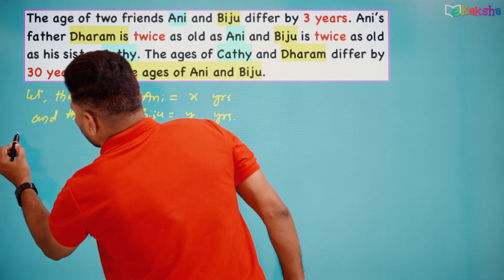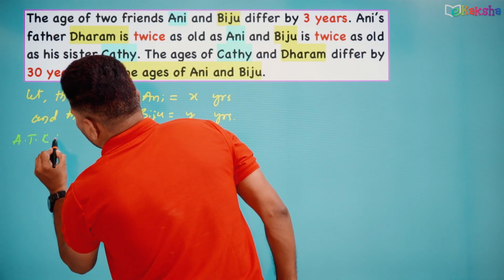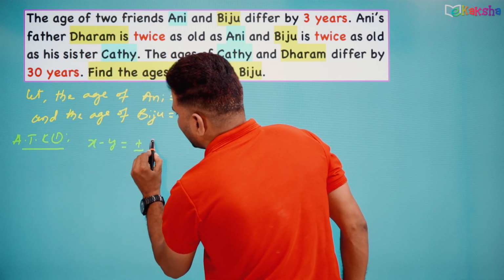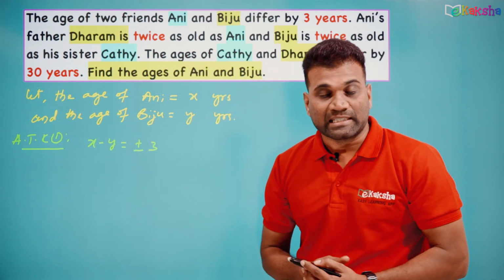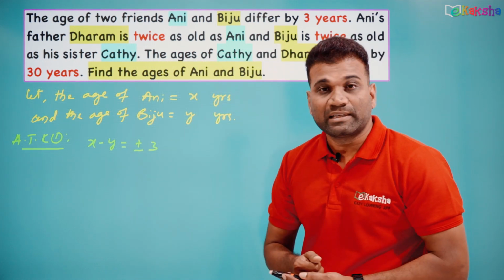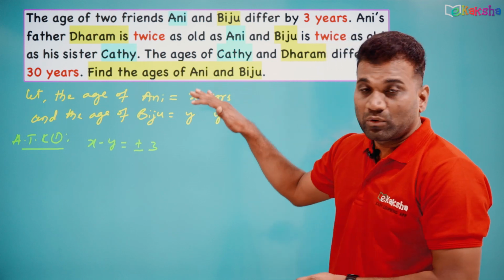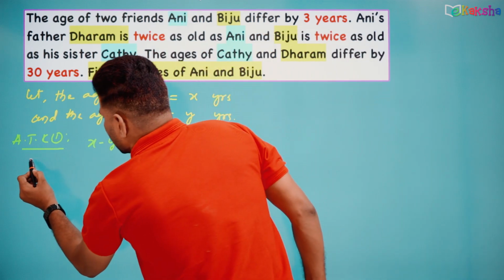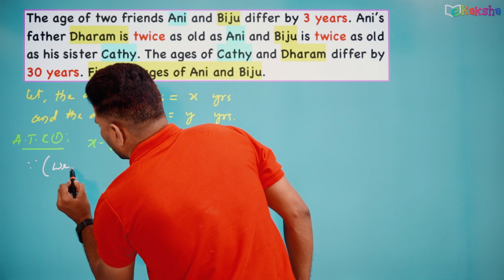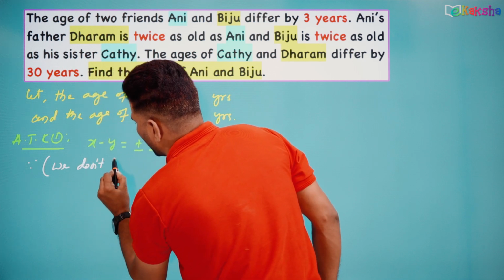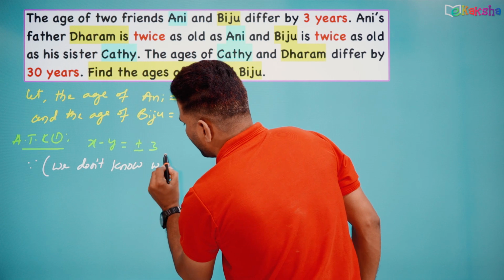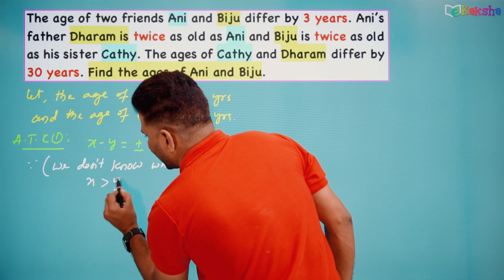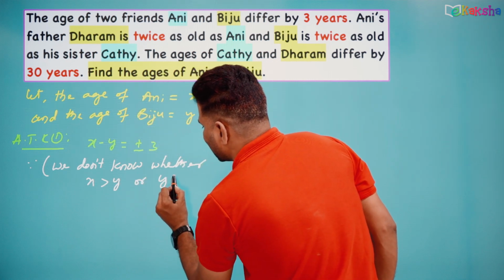So according to the first condition, x minus y is equal to plus or minus 3. We can formulate the equation like this because we don't know who is older, whether Ani or Biju, since we don't know whether x is greater than y or y is greater than x.